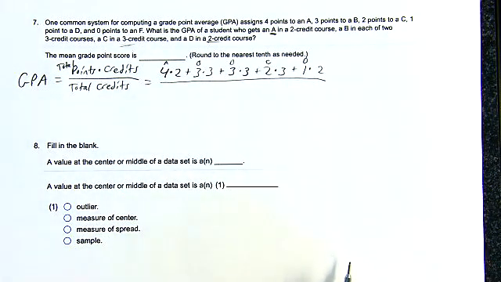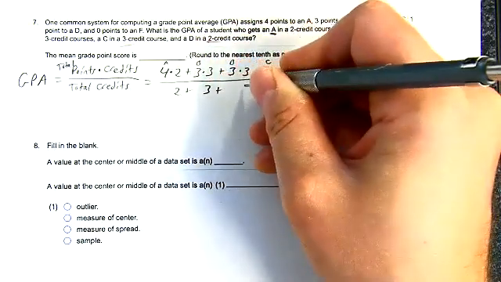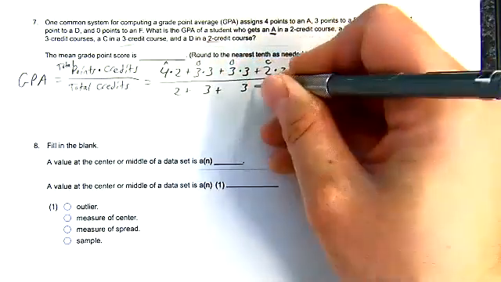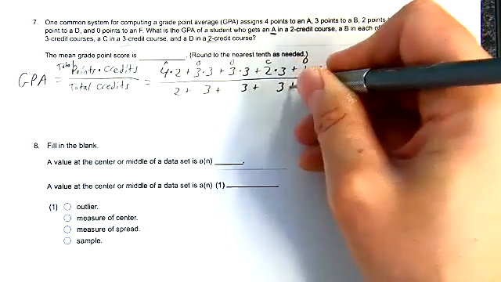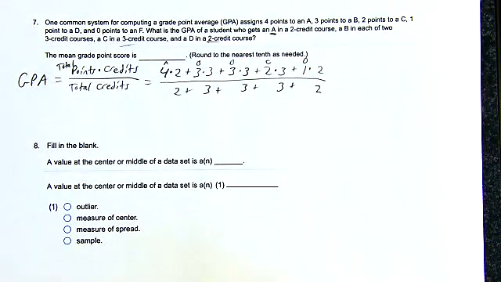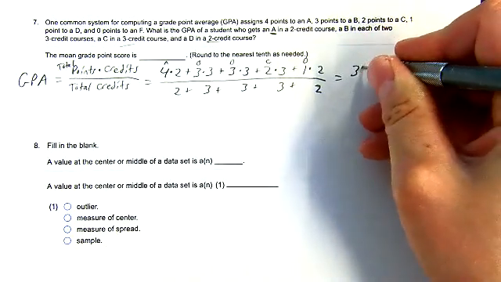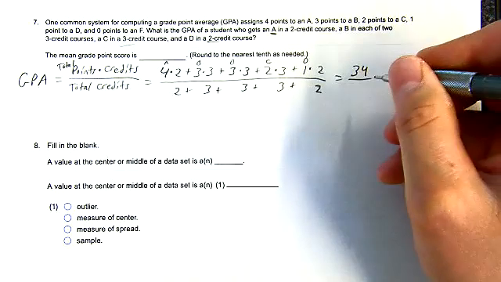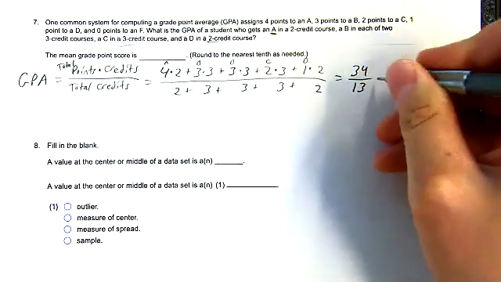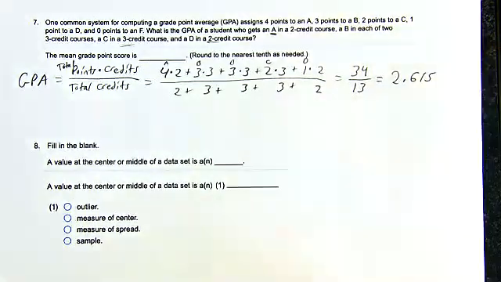Now we divide by the credit hours. So the 2 plus this 3. I just like to line them up, plus this 3, plus this 3, plus this 2. And if we do this, they have 34 points divided by 13 total credits, which is a GPA of 2.615.